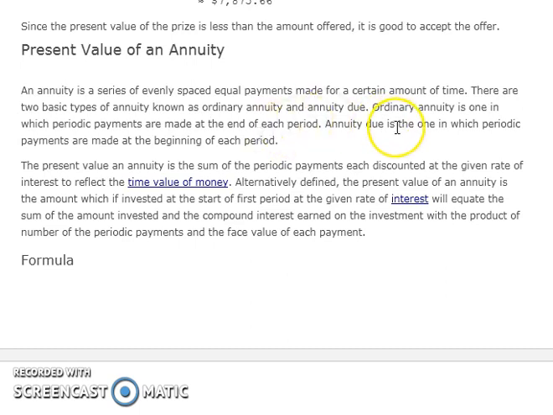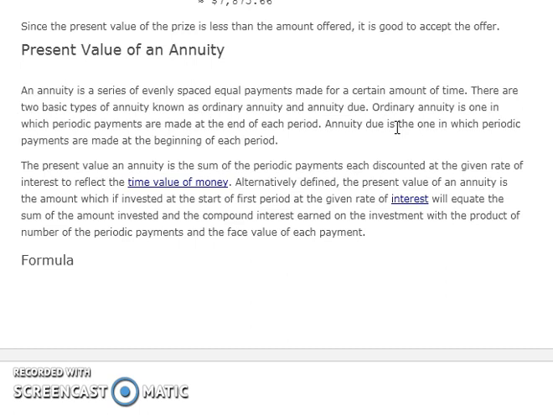Annuity due is the other type of annuity, in which periodic payments are made at the beginning of each period. For example, if you are paying quarterly or semi-annually, you pay at the beginning of each quarter, or at the beginning of the first period, for example on January 1st or July 1st in the case of semi-annual payments. Now we are going to understand the present value of an annuity.